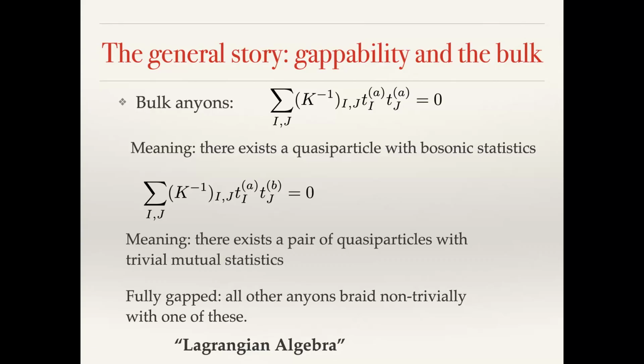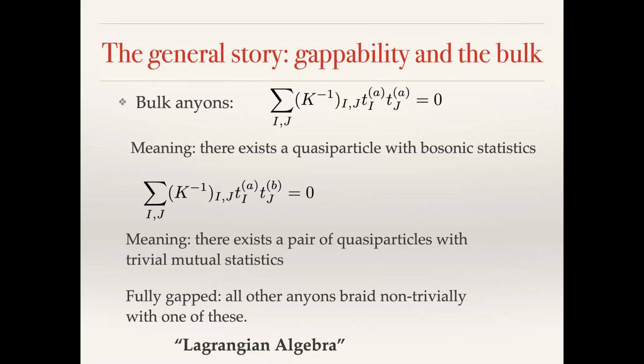So this statement about whether the edge can be fully gapped is in fact simply a statement about the set of statistics of the bulk theory. What I need is a set of anyons that are bosons, and which also have trivial braiding with each other, such that they braid non-trivially with all of the other anyons in the theory.